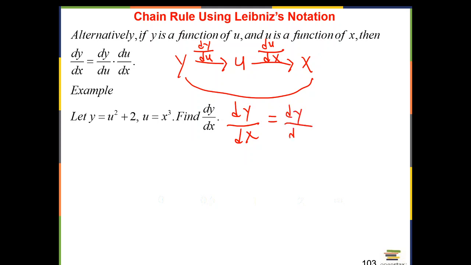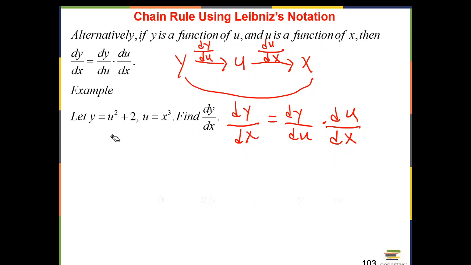So dy du times du dx. Of course, here you get something in terms of u, and here you get something in terms of x, but the answer has to be in terms of x. So once you get this answer, you know what u is, right? You substitute whatever u is in terms of x here, and you have the answer. All right, so now don't cancel these. That's not how it works. But the answer is dy dx.